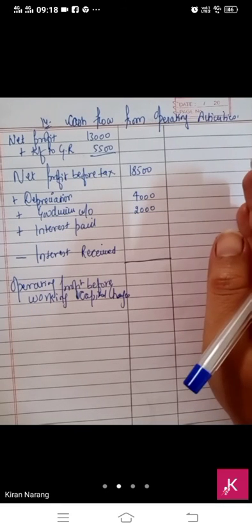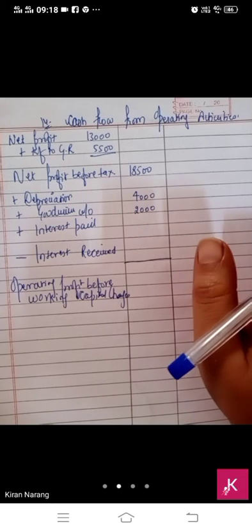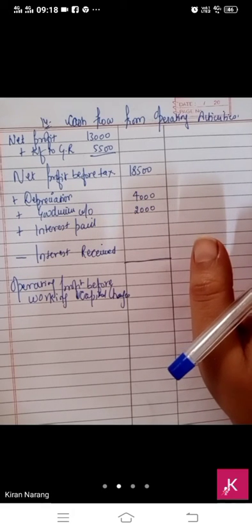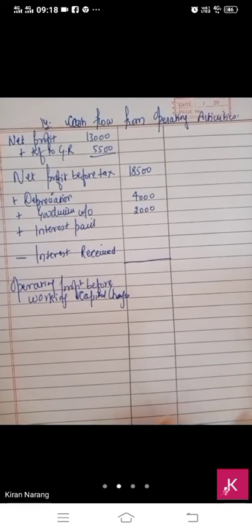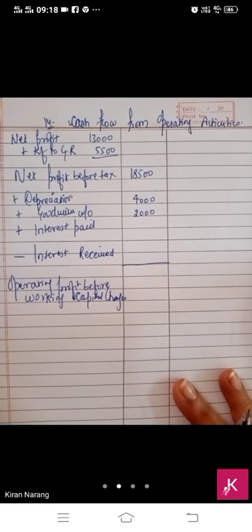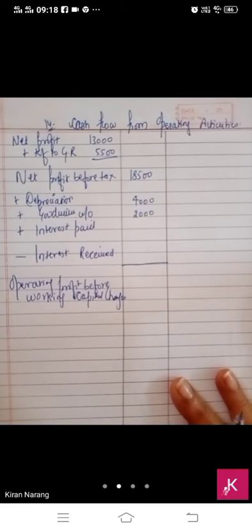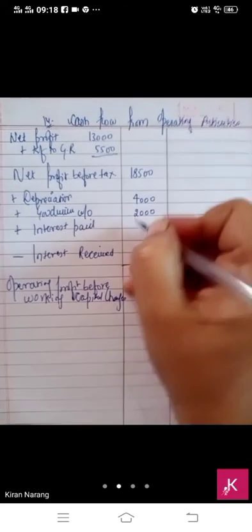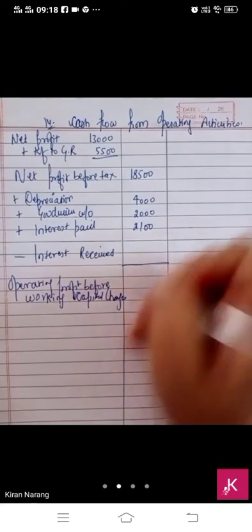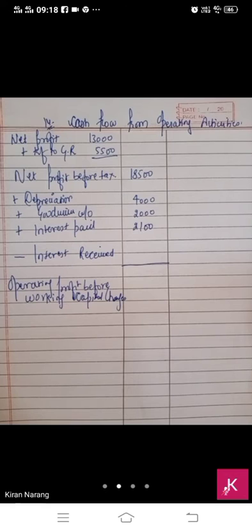If issued in the beginning, you will charge for the whole year. If issued at the end, you will charge interest on the opening balance. So on the 2016 balance, you have to charge the interest. 21,000 was the value of debentures that time, and 10% of 21,000 will be 2,100.